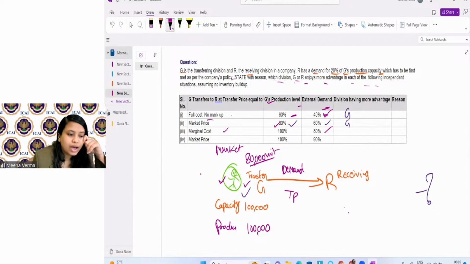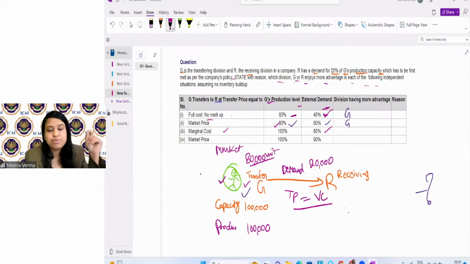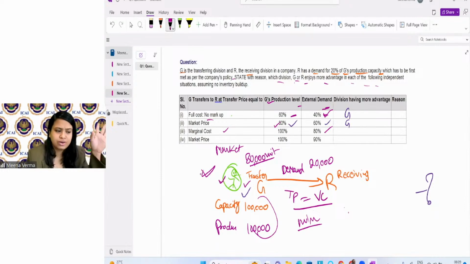The demand is 20,000 units. But now the transfer price is variable cost, so he is having no gain. He is just recovering his minimum expectation. No profit here, so in this scenario manager G will have no profit.